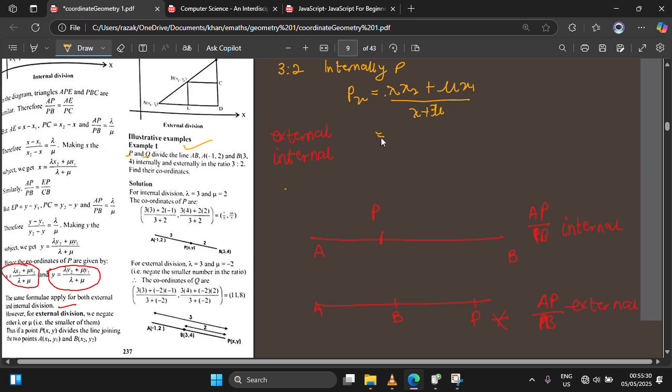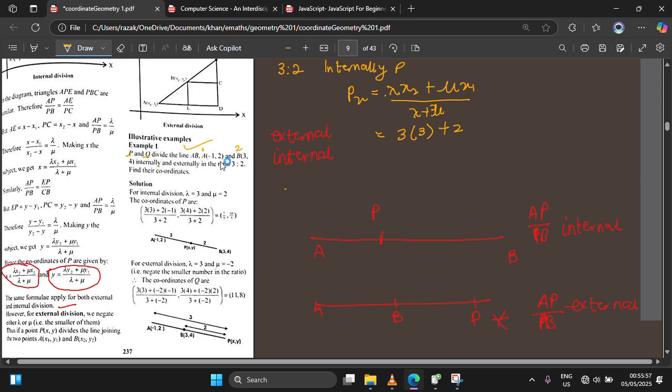So let's see, what's lambda? Lambda is 3. What's x2? x2 is 3, because this is x1, this is x2. You can choose to interchange them, but make sure that you take note of which one is 2 and which one is 1. So plus mu is 2.